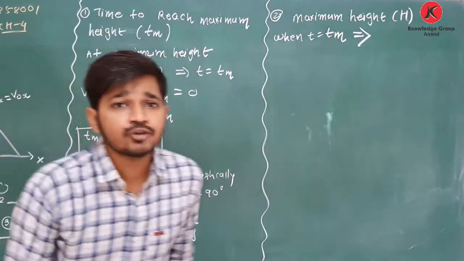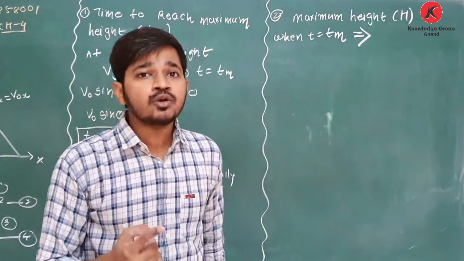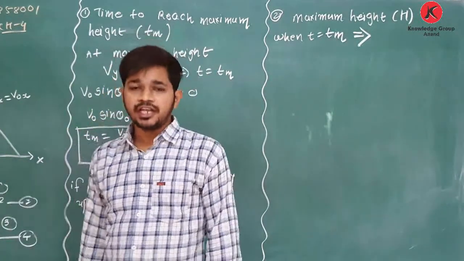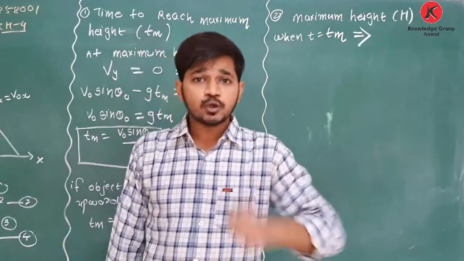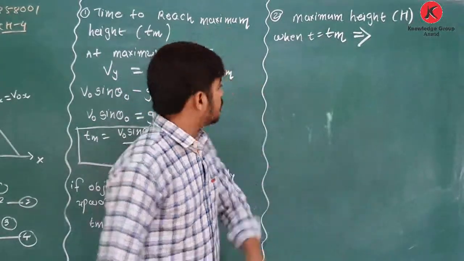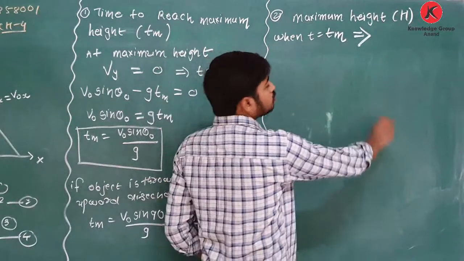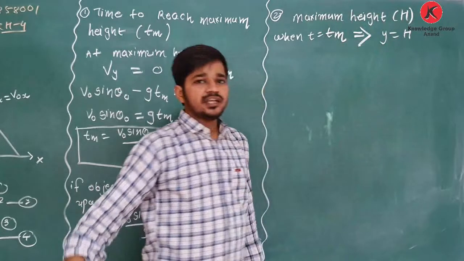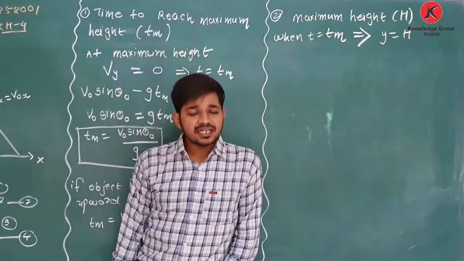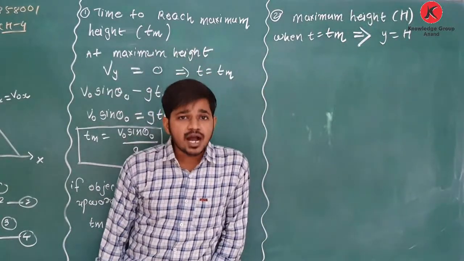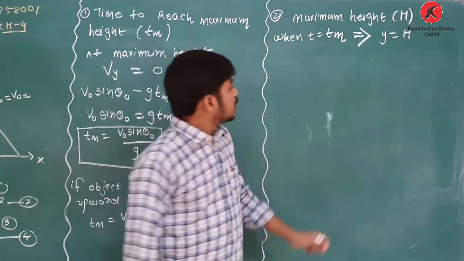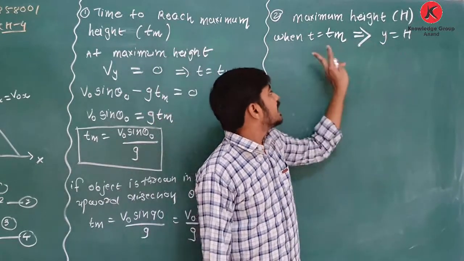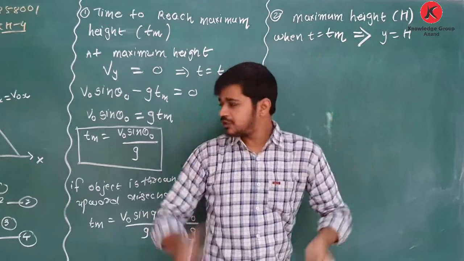Then height means which coordinate? X coordinate or Y coordinate? Yes, it is the Y coordinate. Height means Y coordinate. So when time t is equal to Tm, y is equal to H. Then in the equation of y, you have to replace y by H and t by Tm. Where is the equation of y?